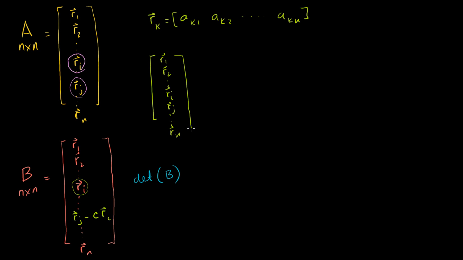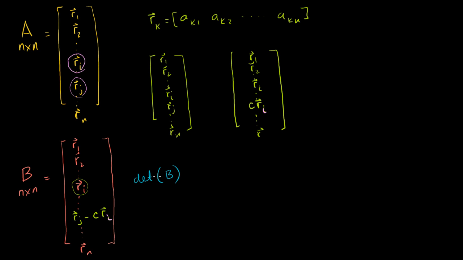That's one matrix, which you may have already noticed is identical to A. And then you could have another matrix that looks like this. It's identical everywhere. R1, R2, Ri, some dots there just to show you I might have skipped some rows, and then you have C times Ri. Let me do that in a different color. This is Ri right here. And then you just keep going down to Rn.